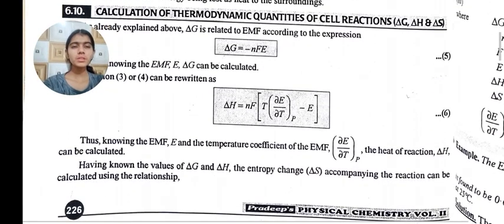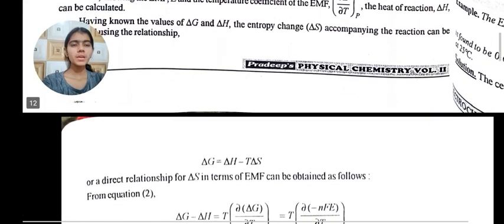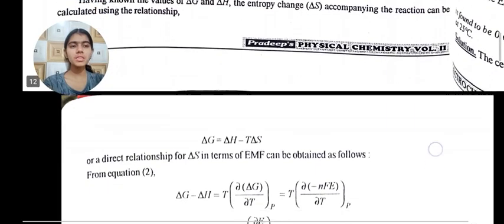Knowing the EMF E and the temperature coefficient of the EMF, the heat of reaction ΔH can be calculated. Having known the values of ΔG and ΔH, the entropy change, that is ΔS, accompanying the reaction can be calculated using the relationship ΔG is equal to ΔH minus TΔS, or a direct relationship for ΔS in terms of EMF can be obtained as follows.